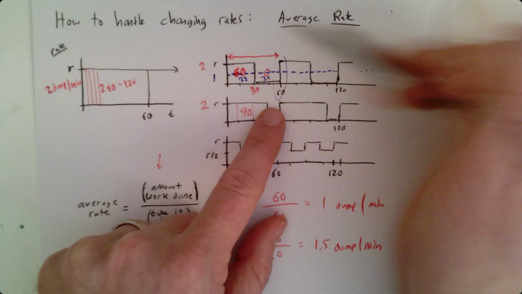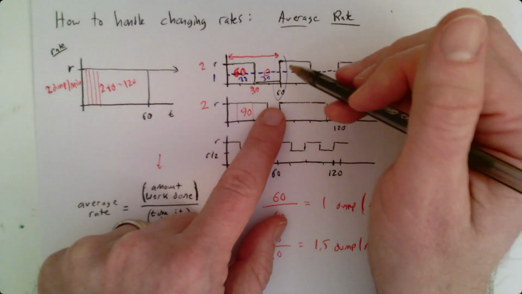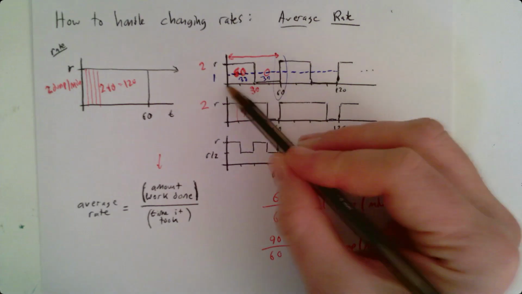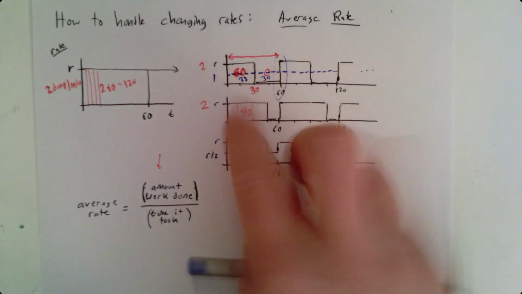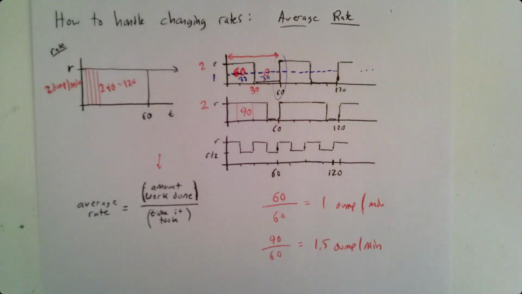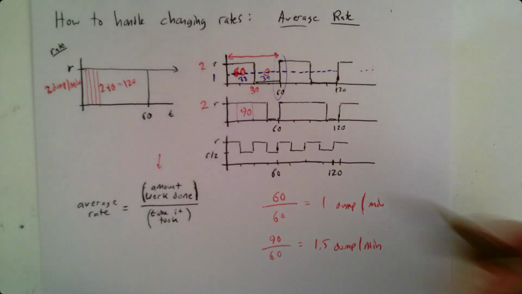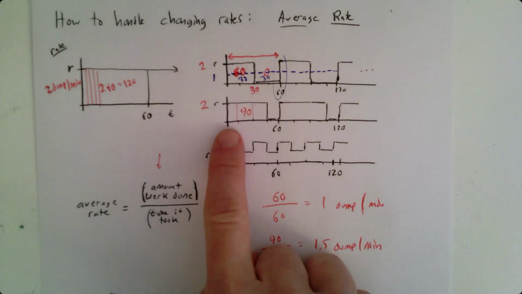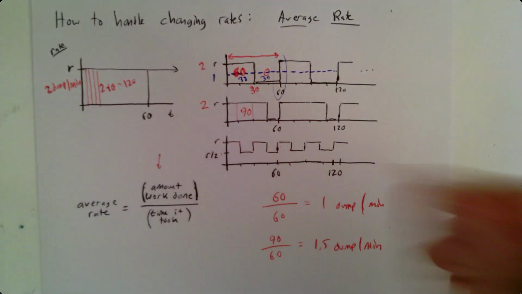And that's the whole idea of an average rate. The average rate is going to end up producing the same amount of work in whatever time interval you were using to compute the average. So here, the percentage of time I'm working is 75% of the time.